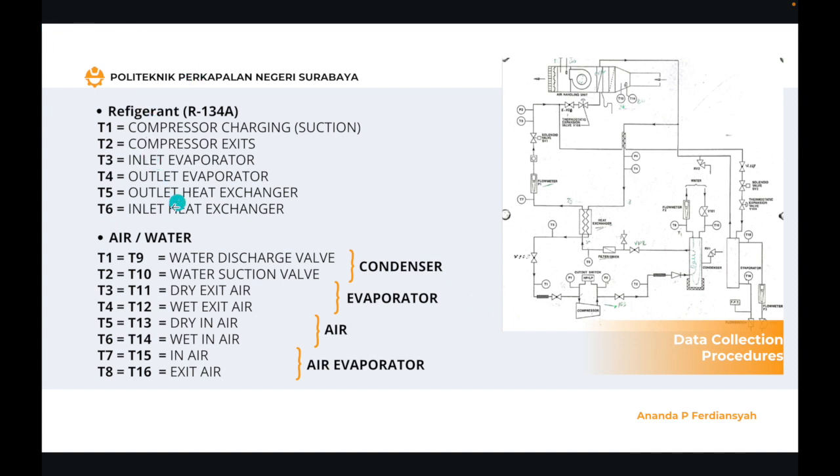We know that for our water, T1 equals T9 equals water discharge valve, T2 equals T10 equals water suction valve or condenser, T3 equals T11 equals dry exit air or evaporator, T4 equals T12 equals wet exit air, T5 equals T13 equals dry in air, T6 equals T14 equals wet in air, T7 equals T15 equals in air, T8 equals T16 equals exit air.